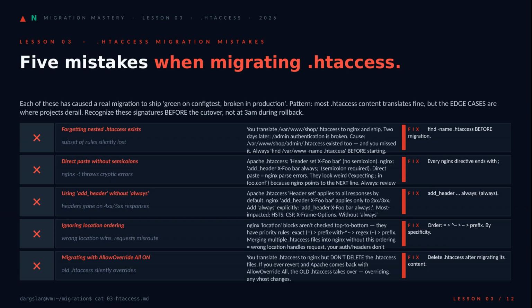Using add_header without always, so your HSTS and CSP vanish on error responses, which is exactly when attackers want them gone. Ignoring Nginx's location priority: exact beats caret tilde, caret tilde beats regex, regex beats prefix, not top to bottom. And finally, leaving the old .htaccess on disk with AllowOverride All. Revert to Apache once and the ghost config takes over. Catch these before cutover, not at 3 a.m.